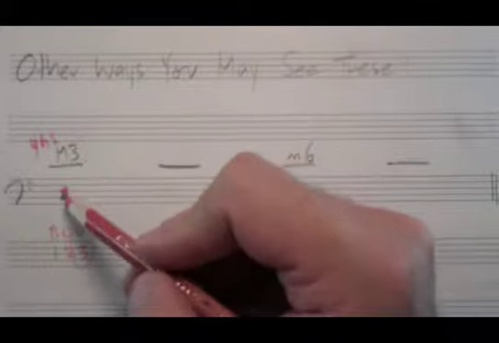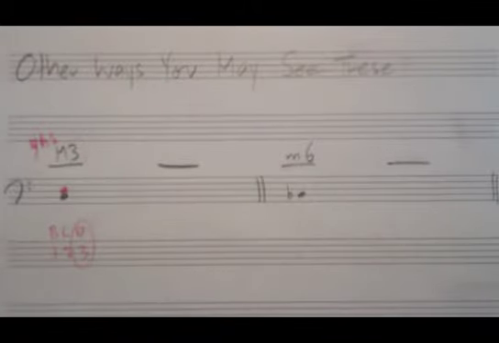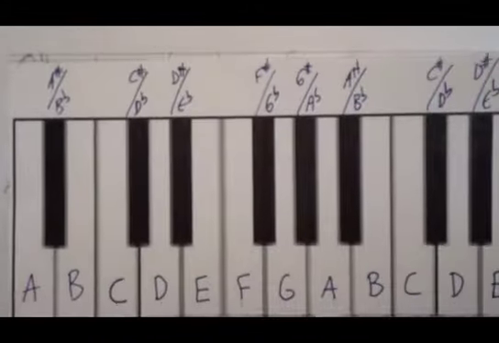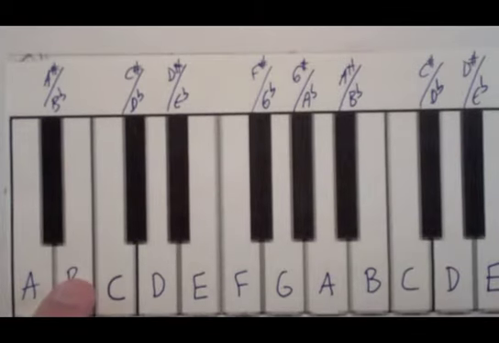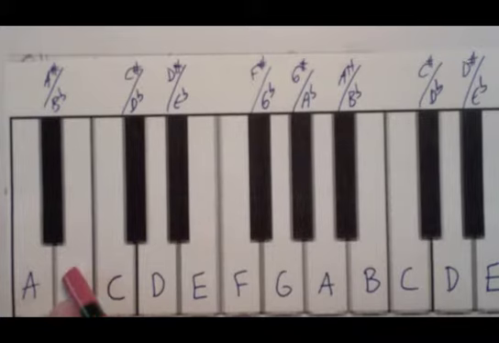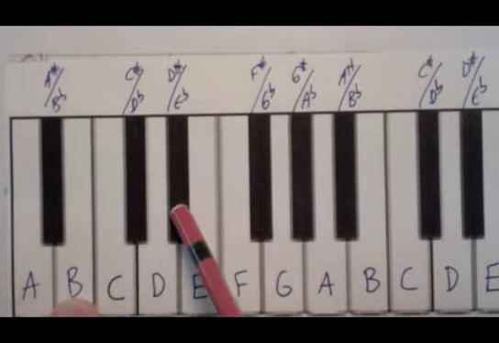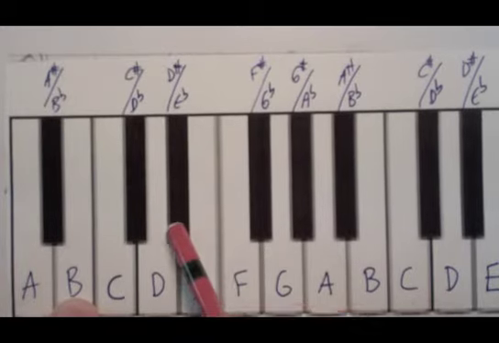And so if we count up from B on the piano, we're starting here on B, if we count up from B 4 half steps, 1, 2, 3, 4, it would give us this black key.